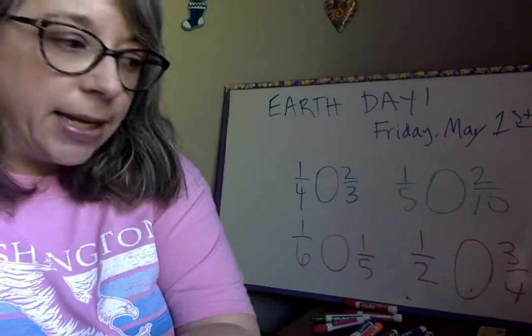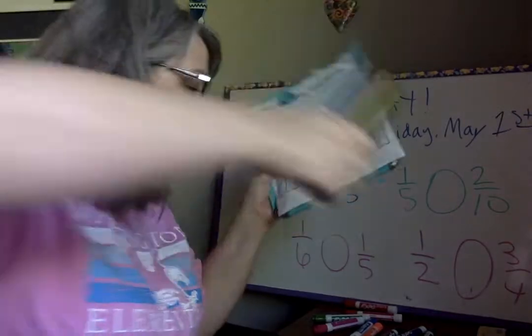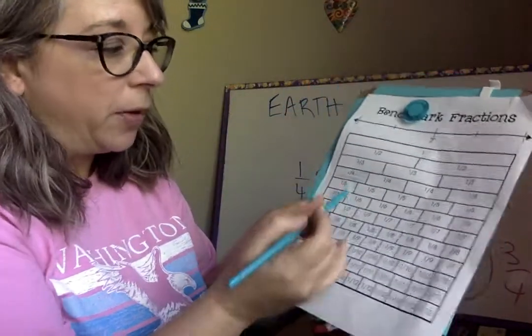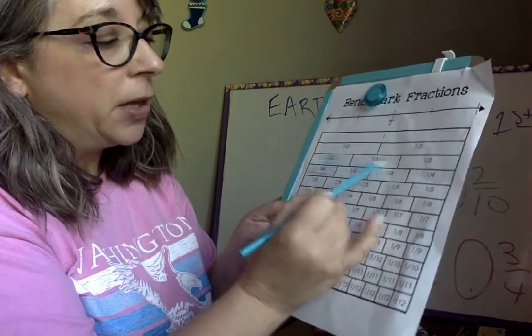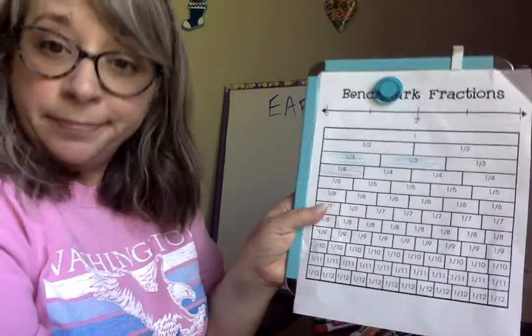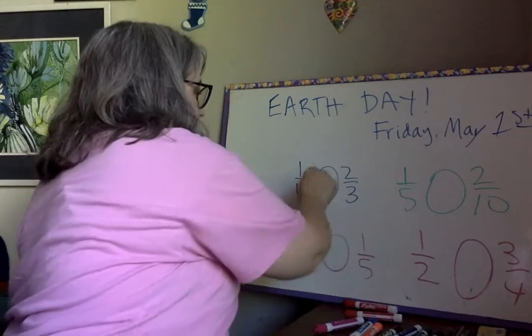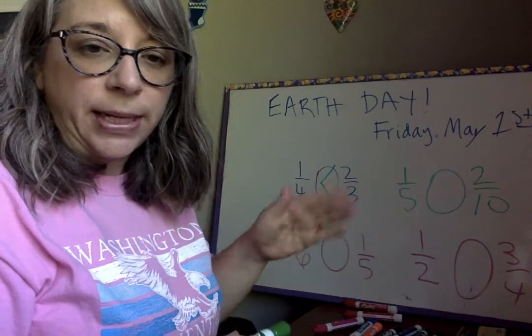I just need to pull out a bunch of color pencils. So if we're going to compare 2/3 to 1/4, let's shade in 2/3. Here's our thirds. So here's 2/3 and 1/4. Well, which one is bigger? 2/3 is going to be bigger. So there you go. As always, the little one eats the big one.